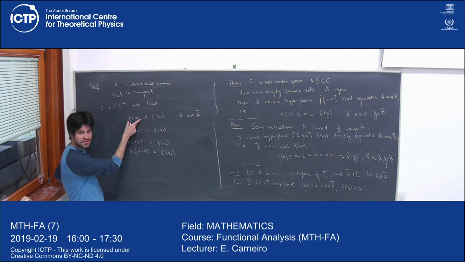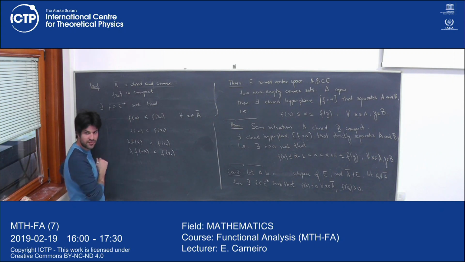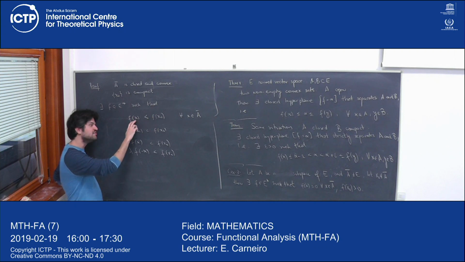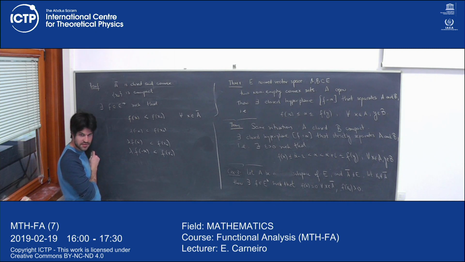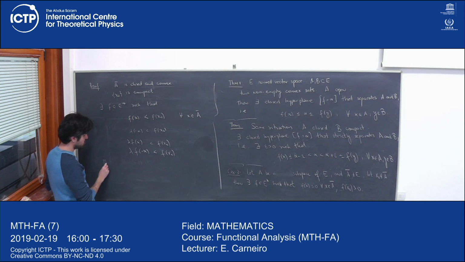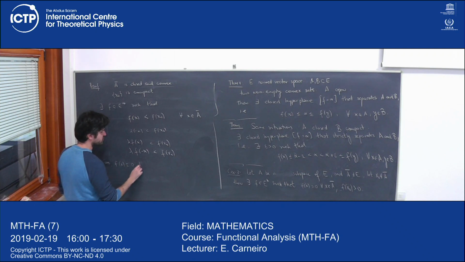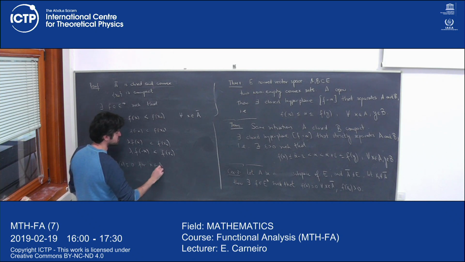Because if it were positive, you could multiply by lambda and break this condition. If it were negative, then you would take f of minus x as positive and you could multiply by lambda and break this condition. So from this you conclude that f of x must be identically zero for x in this subspace.